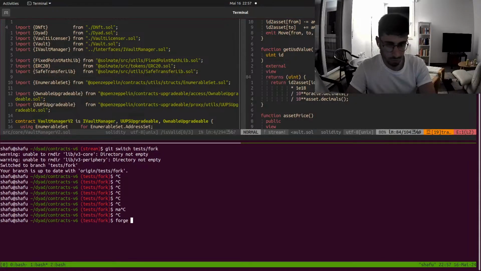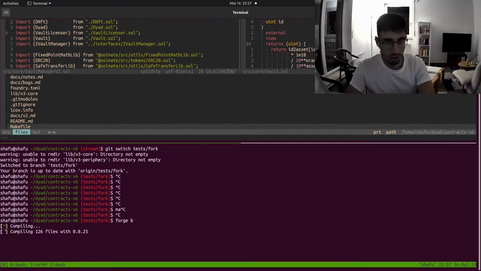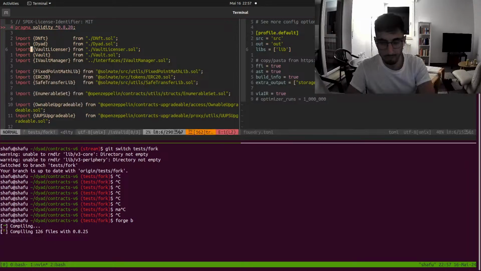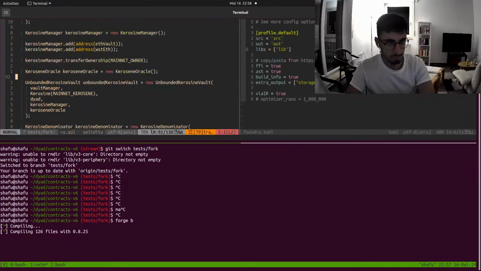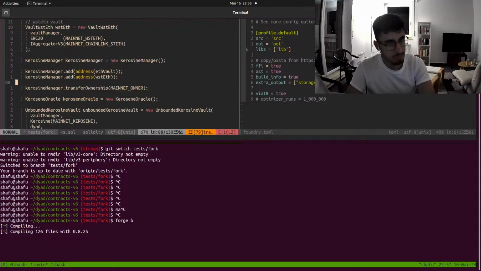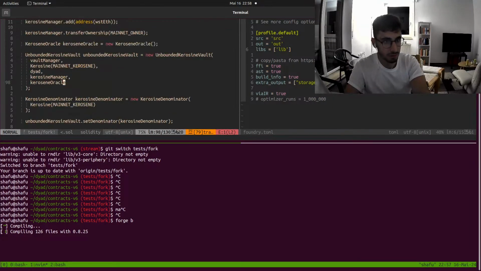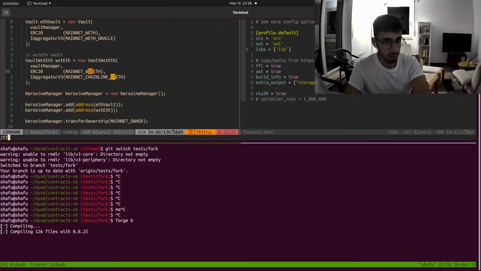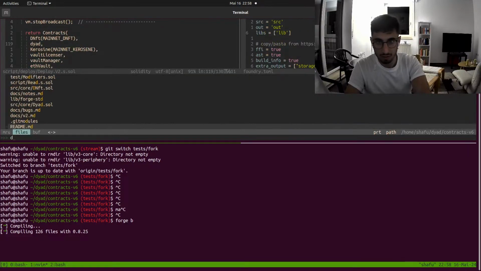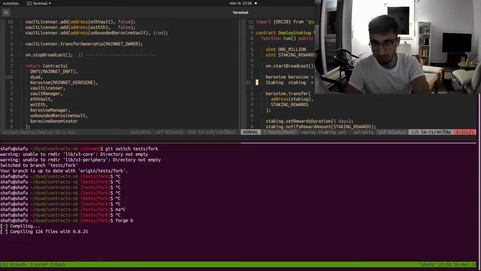Forge the, then we have a separate script for deploying the staking contract.